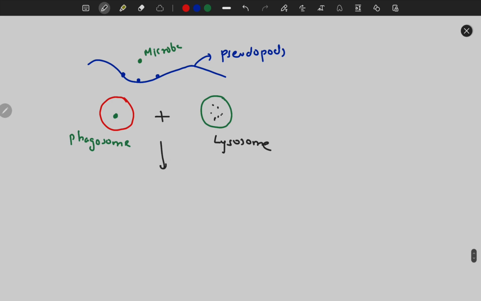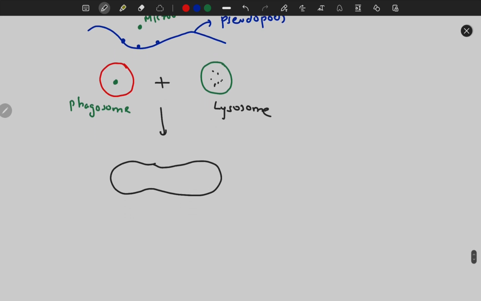These two will fuse together to form a phagolysosome. So after this, killing happens.